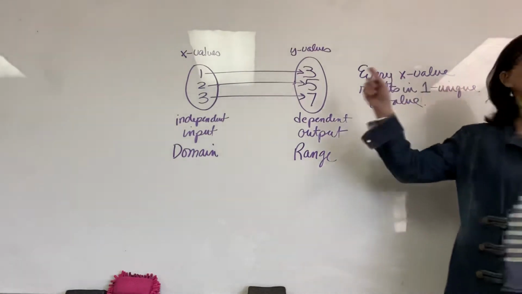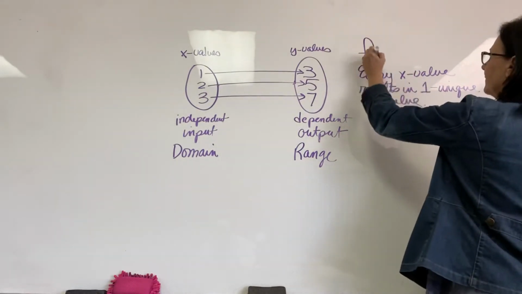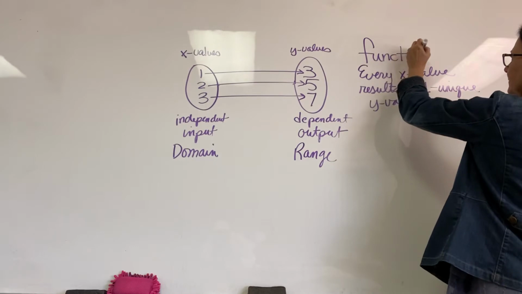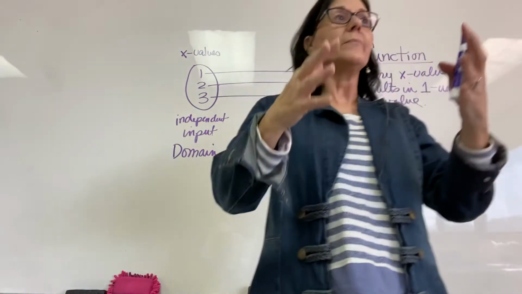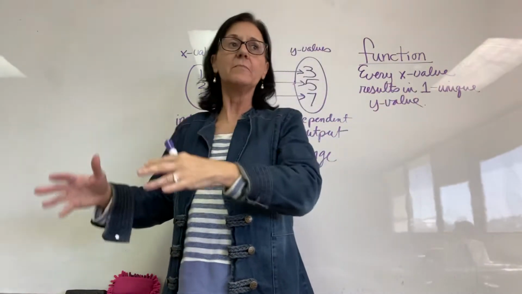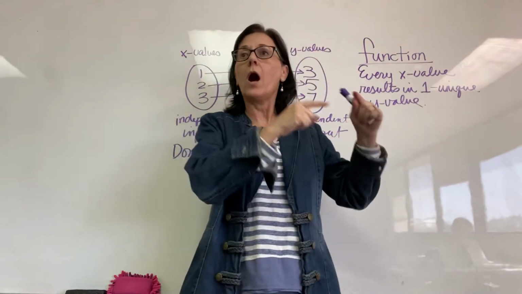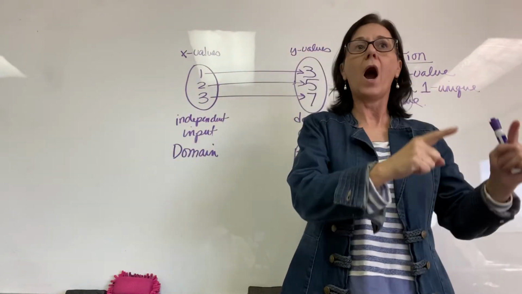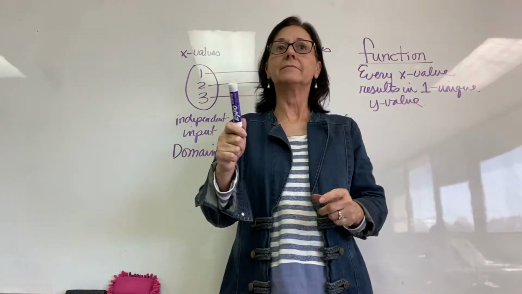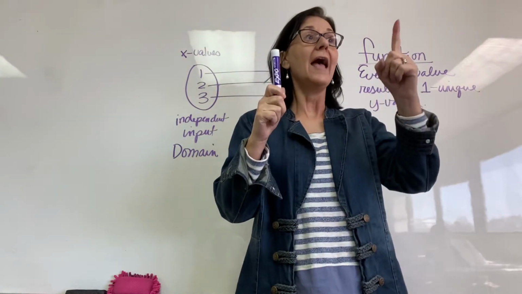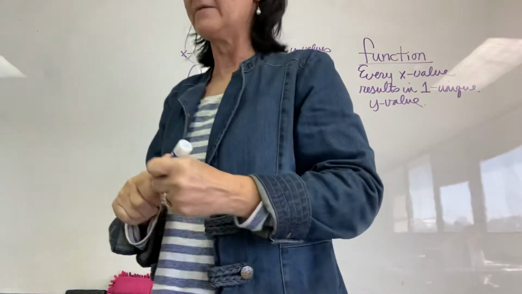When every x has one and only one y, you know what we call that? It's a function. That's the definition of a function. Any set of coordinate points, any set of inputs and outputs, if every x value has one and only one y value, it's a function. So x can have what? One and only one y value in order for it to be a function.